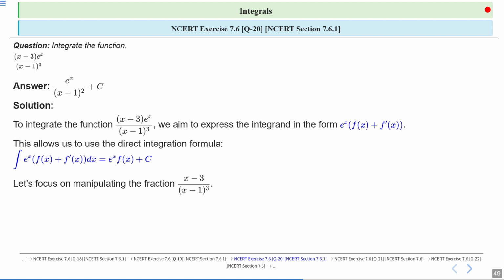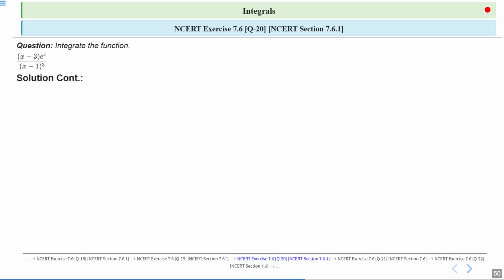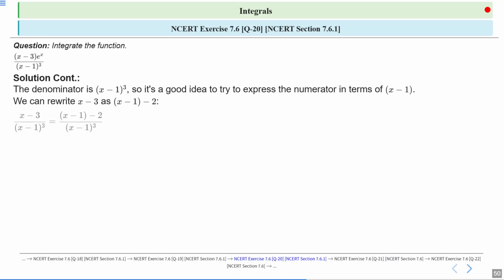Now we manipulate the fraction. Now in the denominator there is x minus 1 whole cube. So there is an idea that we should express the numerator in terms of x minus 1. So we can write x minus 3 as x minus 1 minus 2.